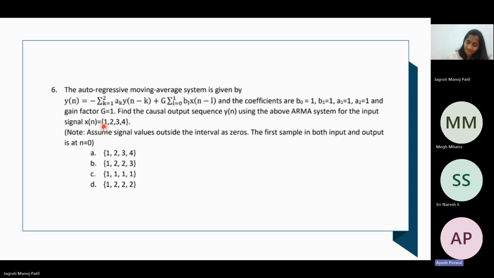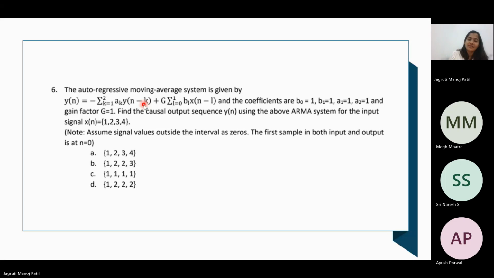And it is given that the first sample in both input and output is at n equal to 0, so y of minus k and x of minus l will be 0. Then y of 0 will be 0, but in none of the options is it given as 0. But y of minus k and x of minus l, do you have the values for that? No, right? It's essentially x of 0 and then y of 1.